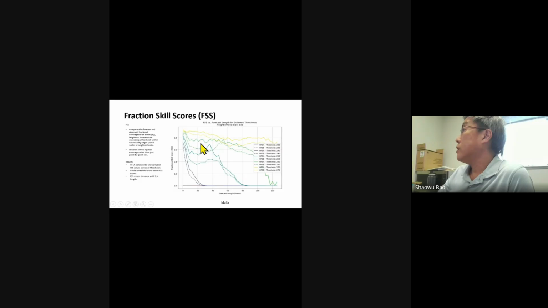And also similar to the Hurricane Lee's result, colder thresholds show worse FSS. And for Hurricane Idalia, basically there's no skill for the cloud location structure for clouds colder than 230K. All the scores are zero here. Let's see.